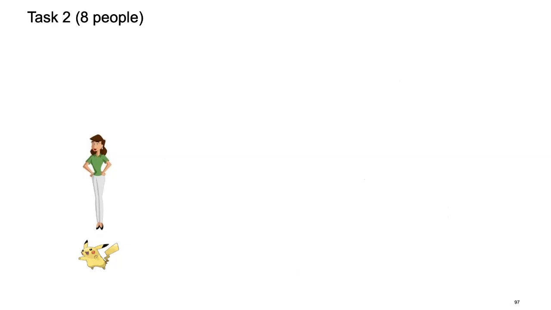And then what happens is that some other volunteers among the students, 8 of them, for example, they are assigned Pokemons, 1 or 2 or 3 Pokemons each that they are responsible for.